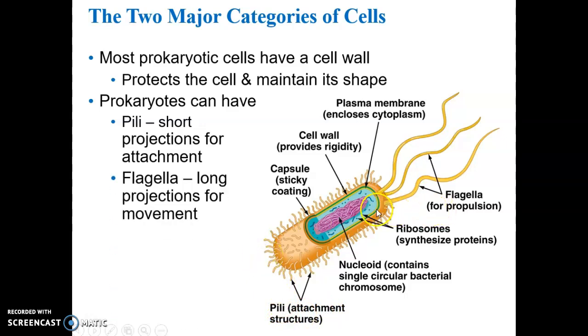And some prokaryotic cells can have long flagella, which are whip-like extensions that move and beat and allow the prokaryotic cell to move, so for propulsion and movement or locomotion.